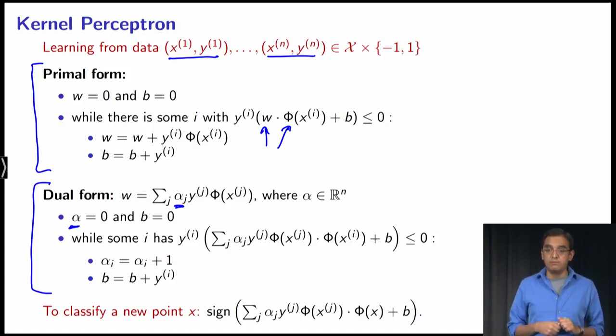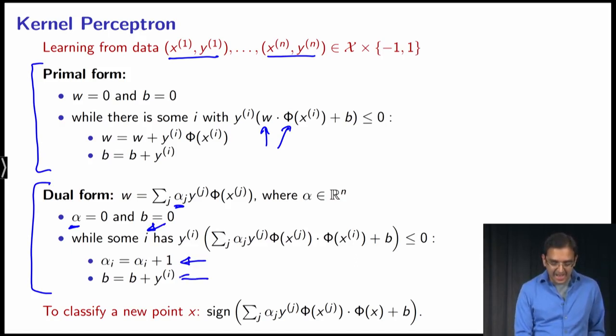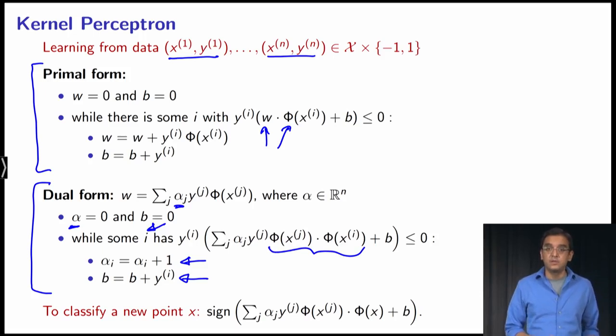Each time we come to a data point that's misclassified, let's say it's the ith data point, all we do is to increment alpha sub i and add the label y sub i, which is either +1 or -1, to b. These are childishly simple updates. The only thing that looks remotely complicated is that we have to compute these dot products between the high-dimensional embeddings of the data points. And as we've seen, this is something we can do efficiently without ever writing down the high-dimensional vectors.